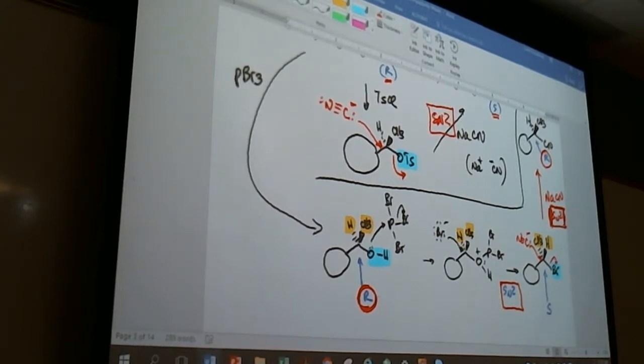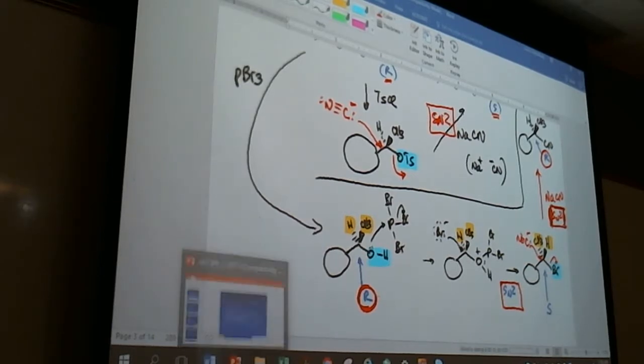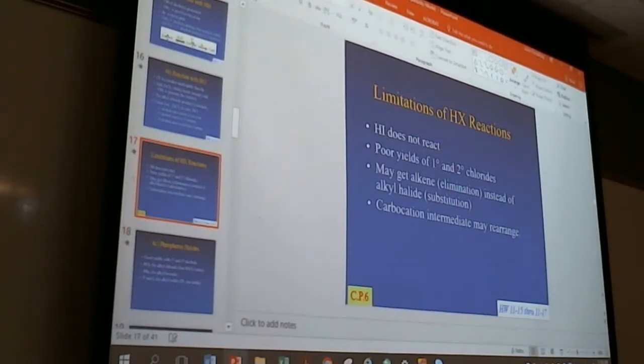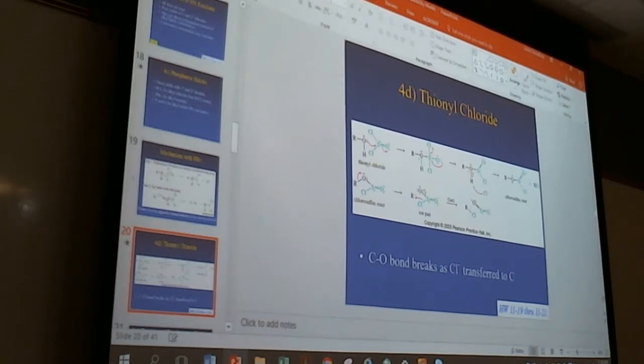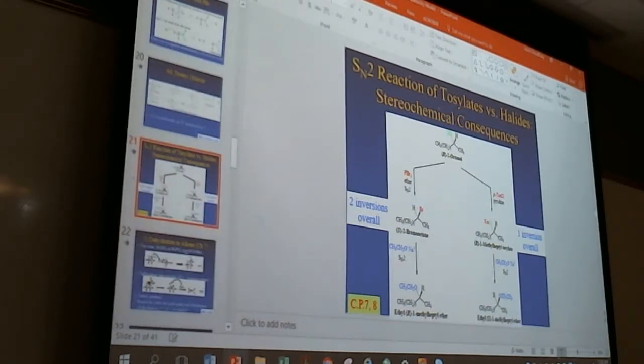So I have the option, depending on what stereochemistry I need at the end of the day, which approach I take. And that is what you have in here. We talked about the phosphorus halides and cyanide, but that is what you have in here.